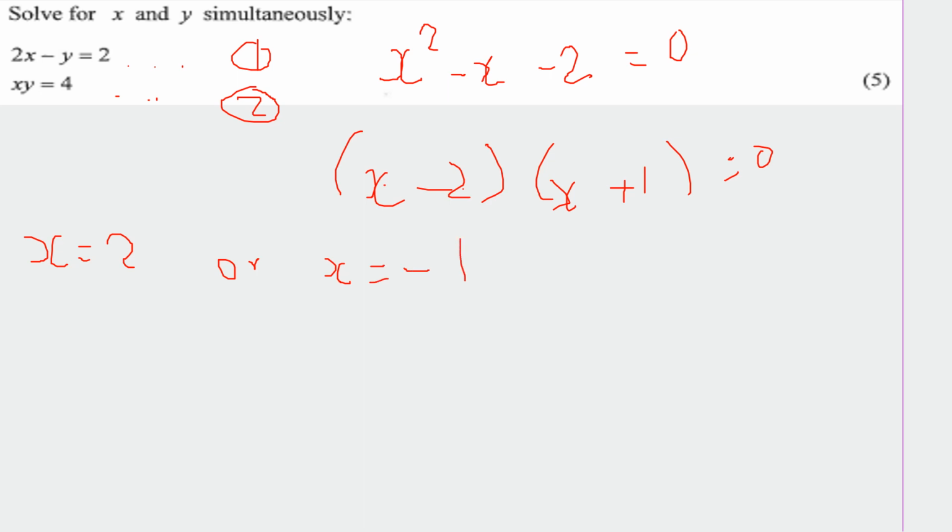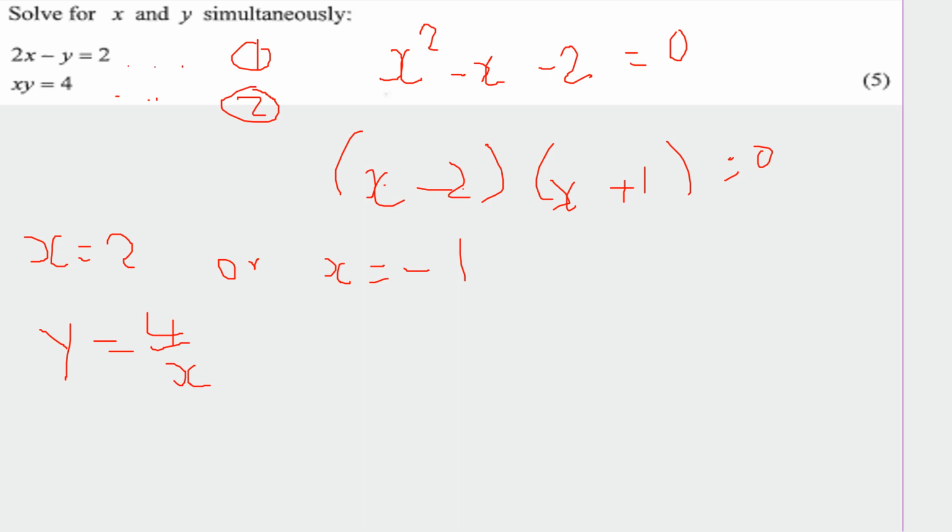So now you have the values of x, you will have to find the values of y. So what is the simplest way to find the values of y? You can just say, okay, from equation number 2, you will have y. Your y will be equals to 4 divided by x. But now your x is what?